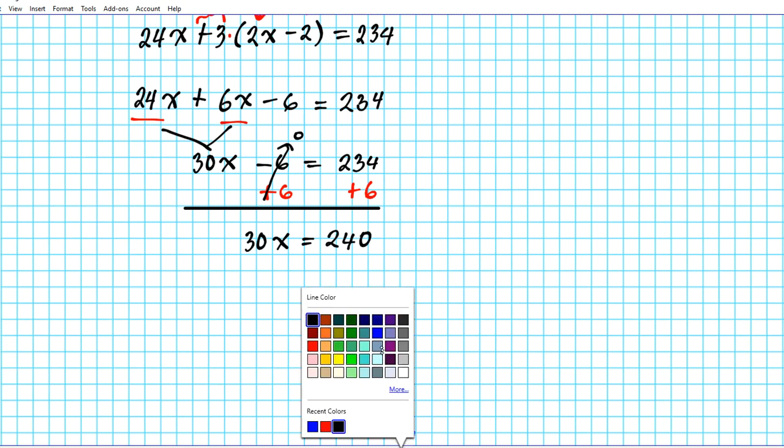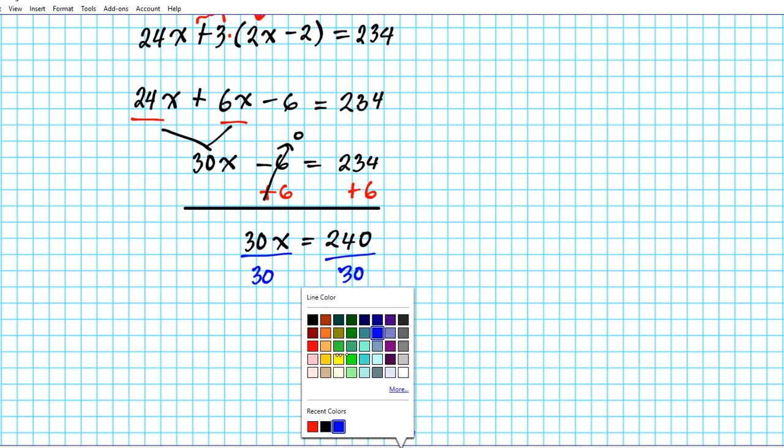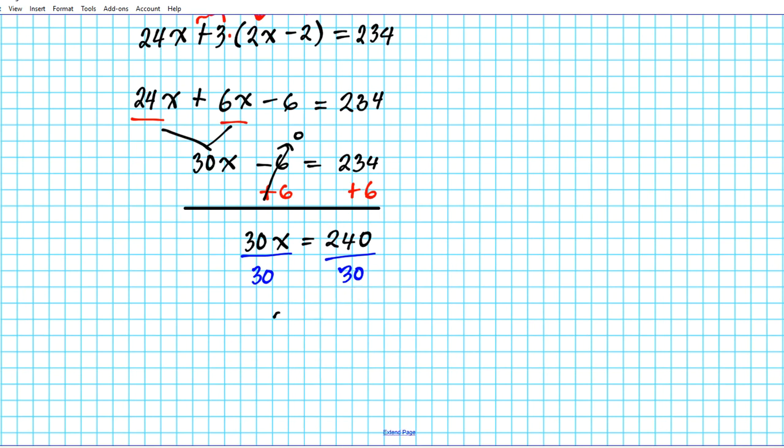Now to get x isolated, we just divide both sides of the equation by 30. And your final answer, x, you can divide that by hand or with your calculator. The zeros divide out, 3 goes into 24 8 times. And that's the solution to question number 6 equation.